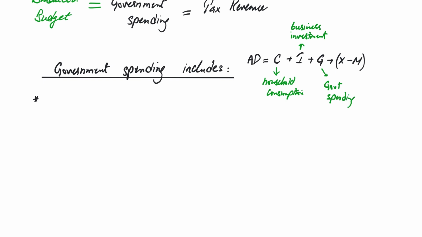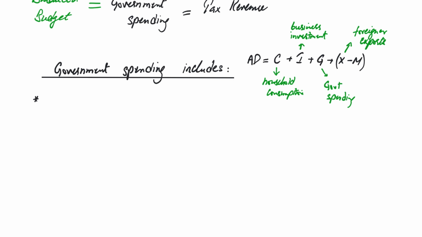And finally, X is exports, foreigners buying our goods. Imports we subtract because imports are not Pakistani products. So how can you demand something which is not Pakistani? Aggregate demand talks about everything that is produced in the country.